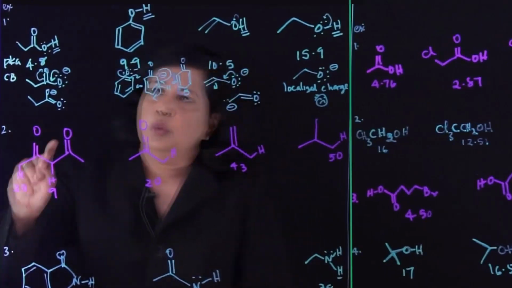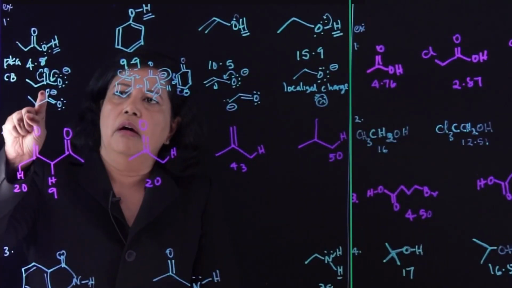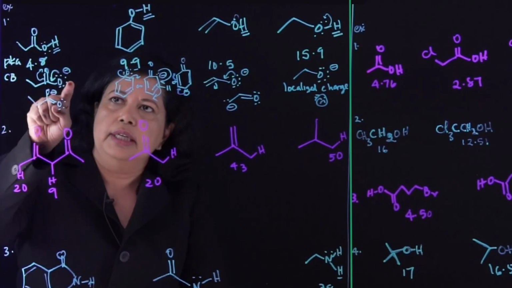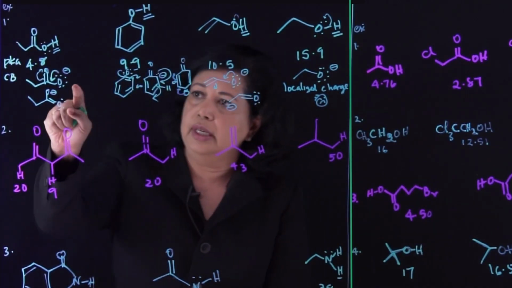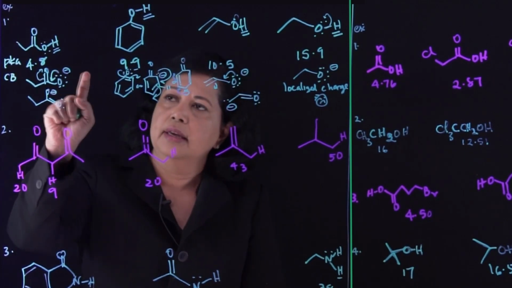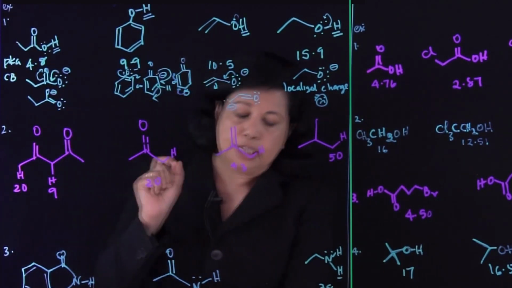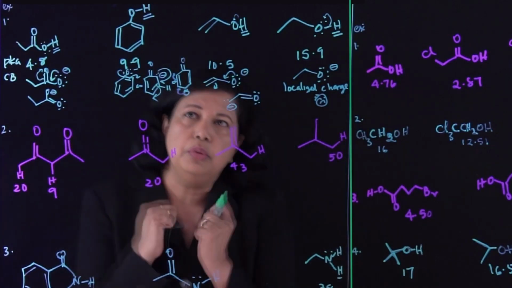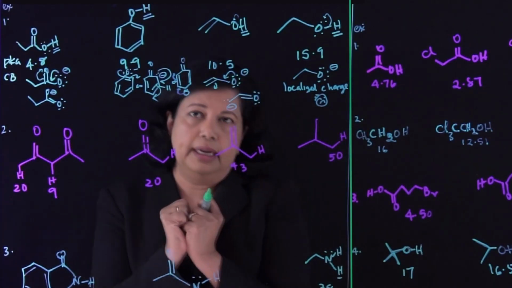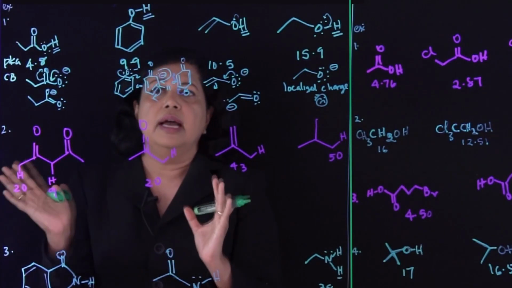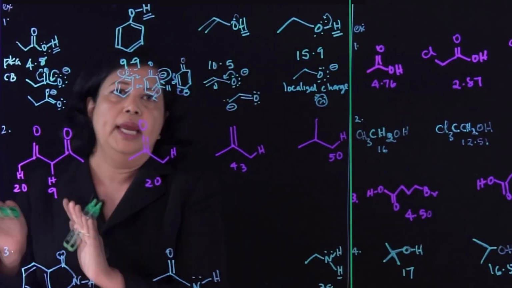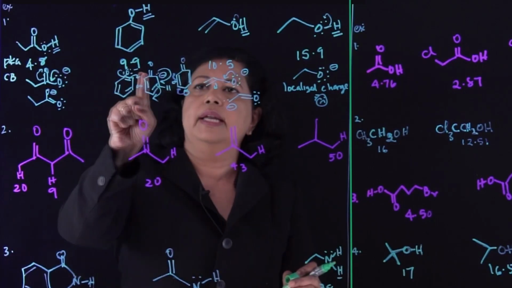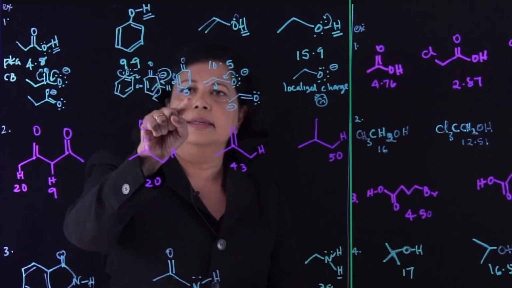But look at what these anions are on. Here it's an oxygen, here it's an oxygen. So those are both very electronegative atoms, and when you have an electronegative atom, it can pull that anion in and stabilize it. So anions on electronegative atoms are way more stable than if you have anions on carbon.